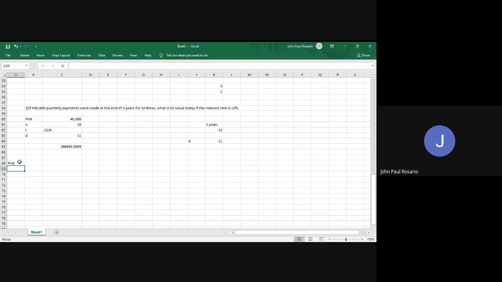You may use the formula I gave you to derive the formula for payment.